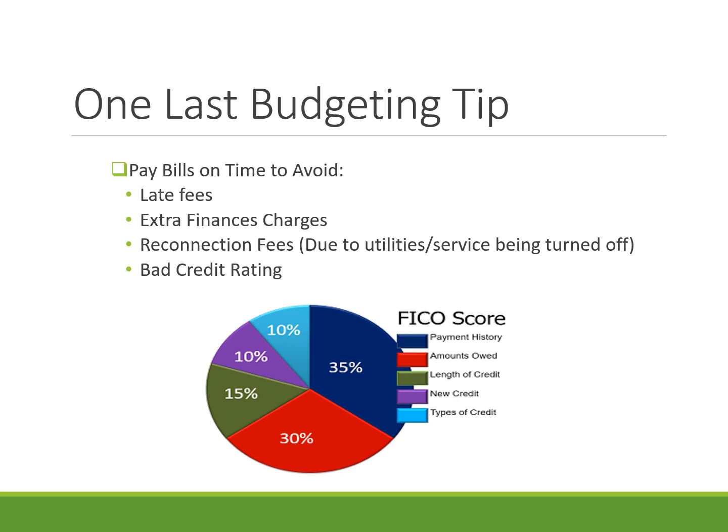And right now we know that a lot of people are having issues, so we suggest that you contact your creditor. If you know you're having problems, if you need an extension, it's easier for you to contact them and get an extension than for them to turn off your utility or turn off whatever, and then you have a reconnection fee. So just contact them and try to pay bills on time to avoid these pitfalls.